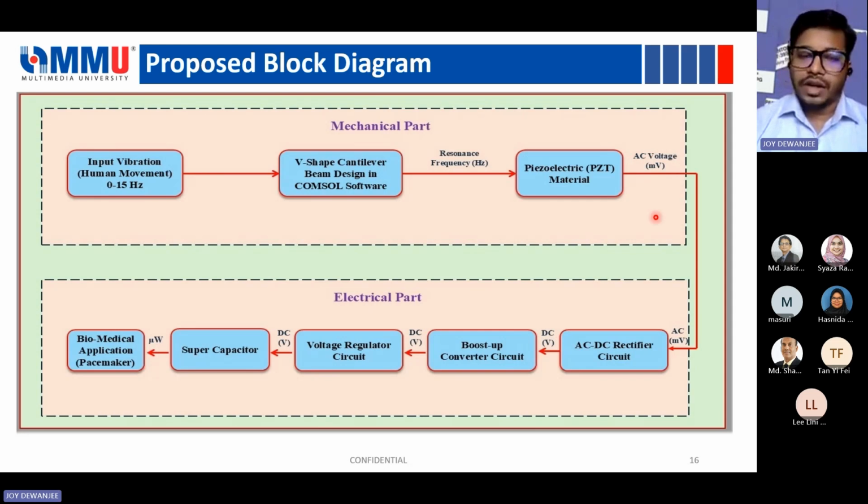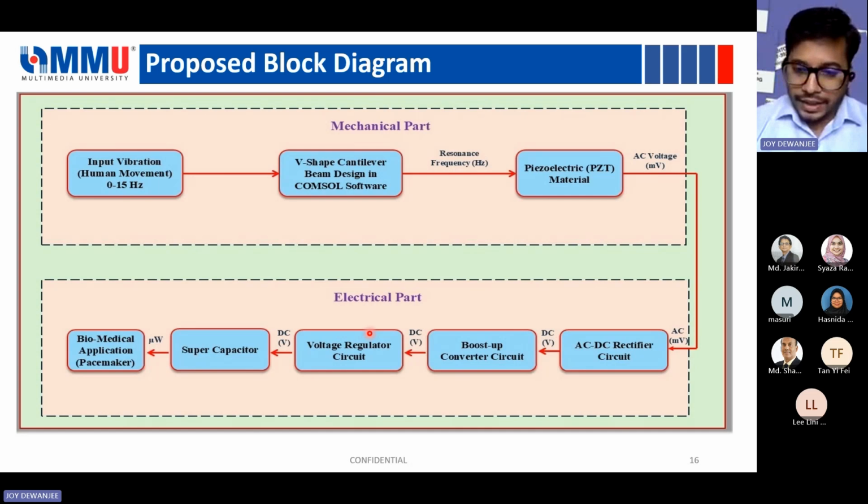Basically, our device and applications work on DC voltage, which is why we have to convert this AC voltage to DC voltage. Another thing is that the generated voltage is low because the frequency we generated was low. So for the low voltage, we considered enhancing our voltage using a boost-up converter circuit. Before that, we convert the AC voltage to DC voltage using an AC-DC rectifier circuit.